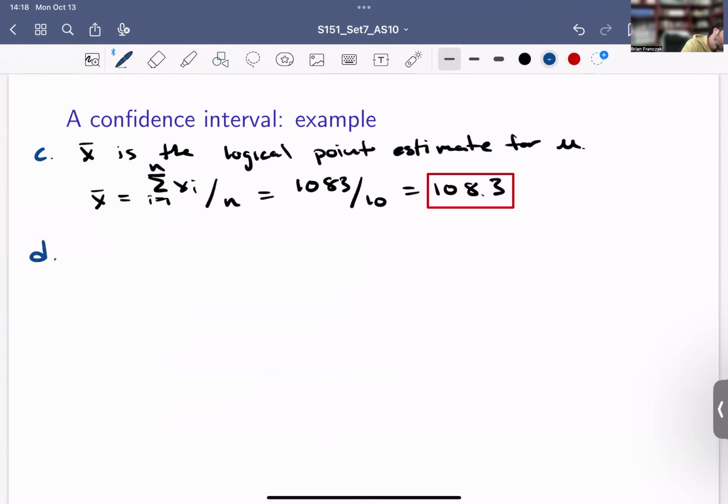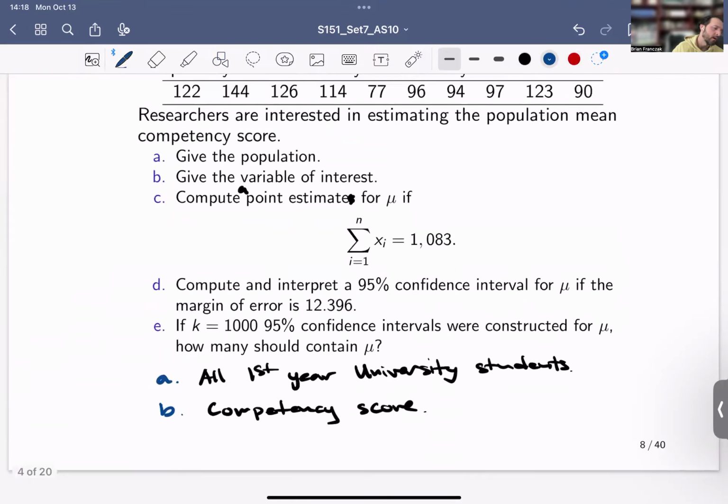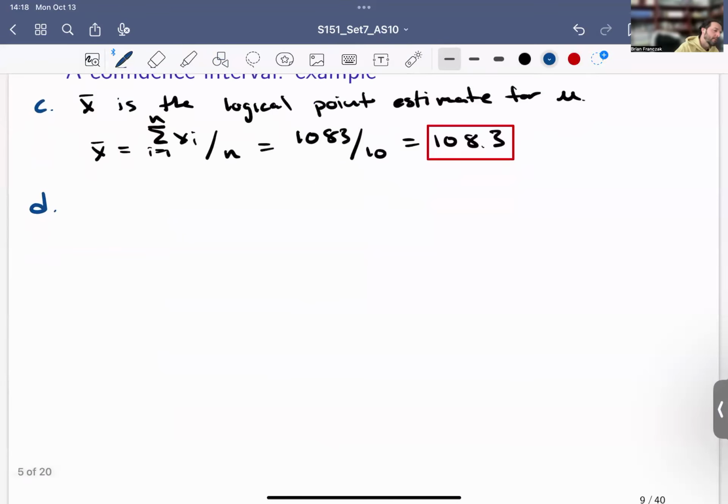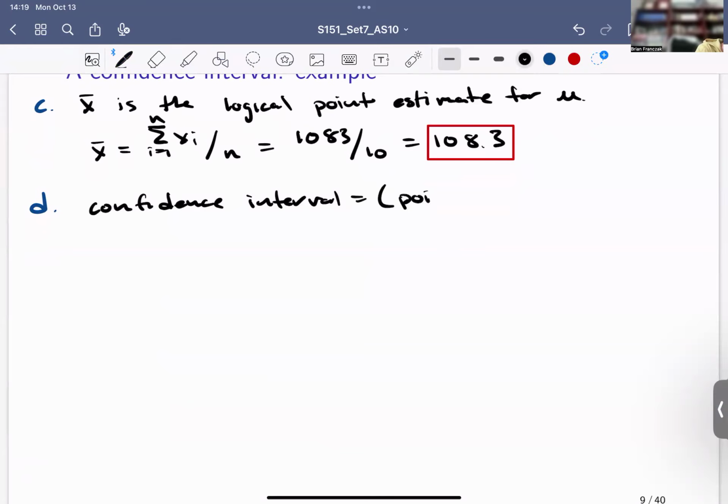Okay, D asks us to compute and interpret a 95% confidence interval for mu if the margin of error is 12.396. So every confidence interval is the point estimate plus or minus the margin of error.